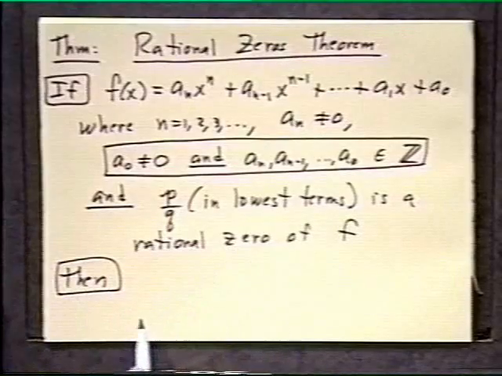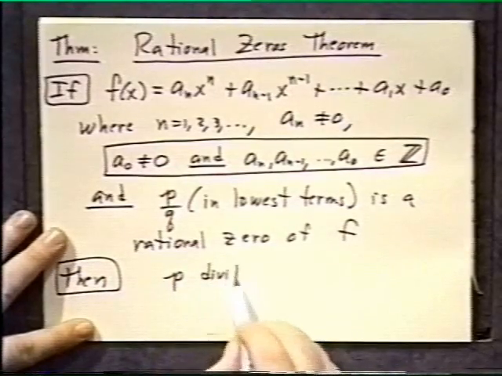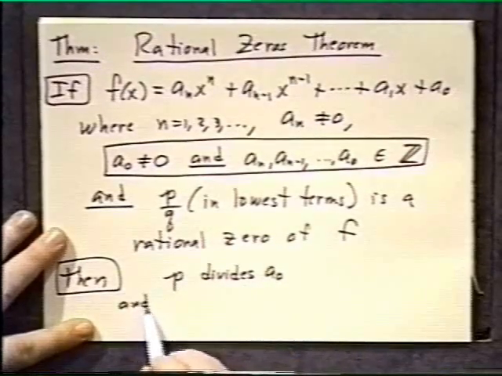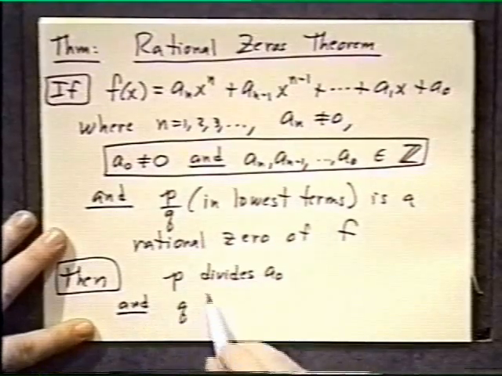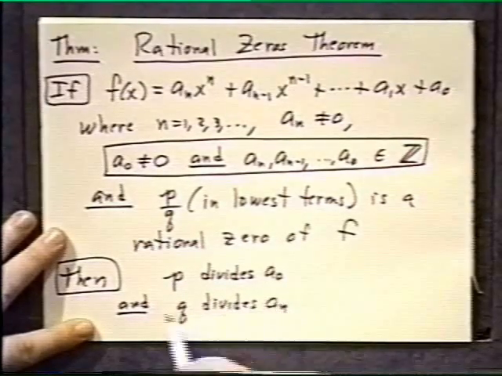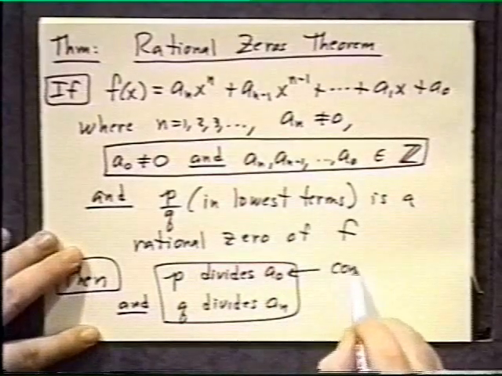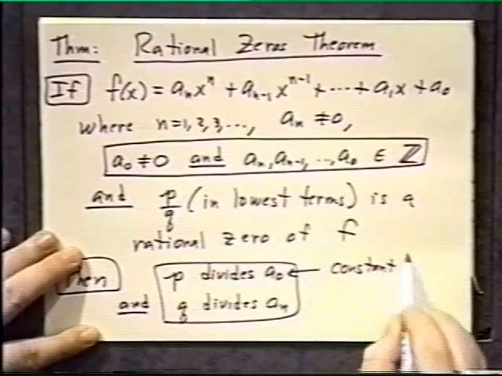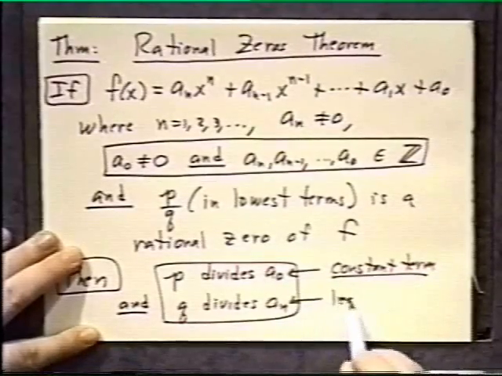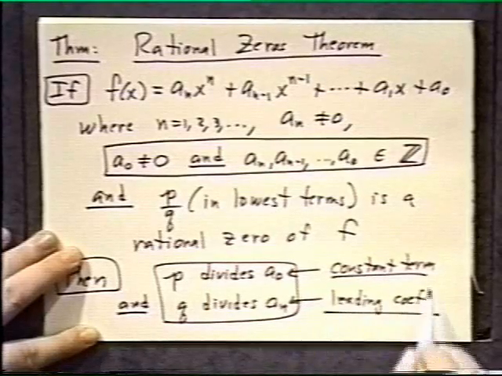If we have such a rational zero, we conclude that the top of it, P, must divide a sub 0, which is the constant term, and it must also be true that Q, the bottom, divides a sub n, the leading coefficient. Let me write that again. A sub 0 is the constant term. That's what the top needs to divide. And a sub n is the leading coefficient. That's what the bottom needs to divide.